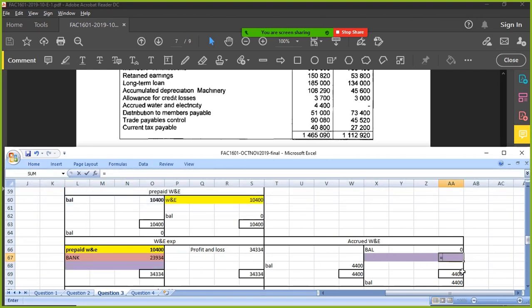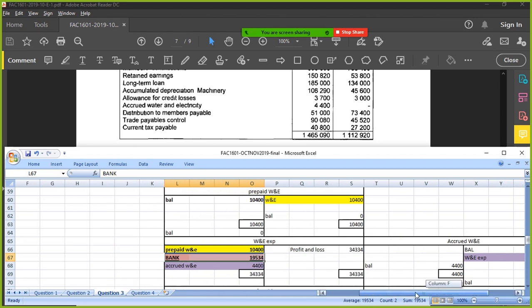So 4 has to go there. This is going to go to the water and electricity accounts. Then this would be your accrued water and electricity. I need to show that there. This figure is going to update this minus that.